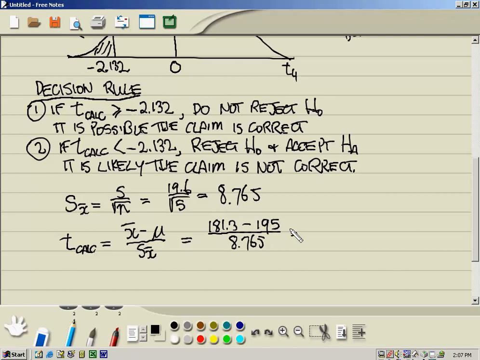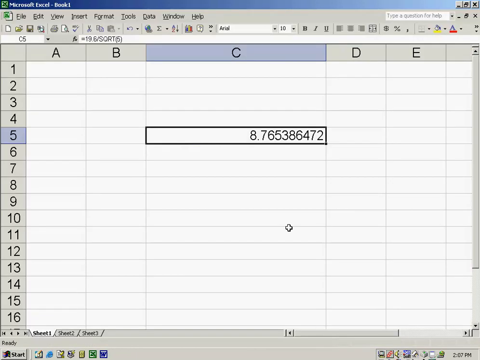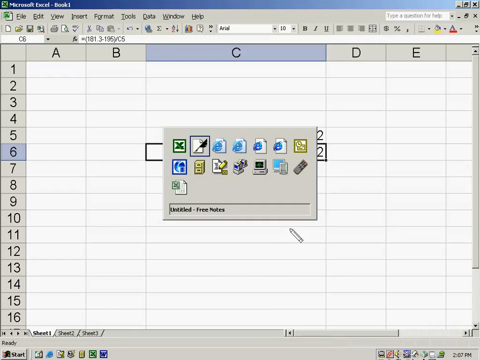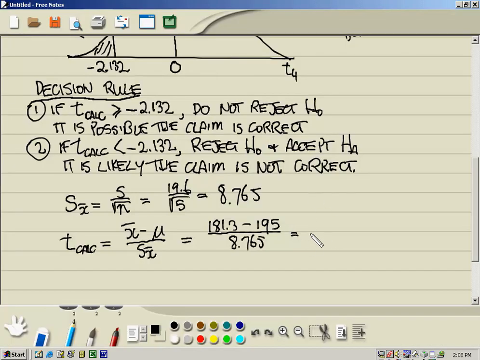And now let's go back to Excel and work that out. So this is equal to 181.3 minus 195 divided by the standard deviation, and we get negative 1.563.